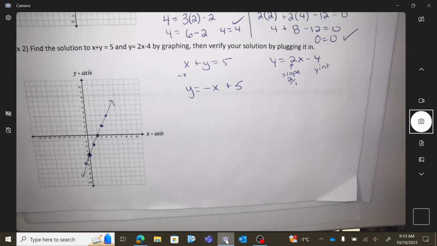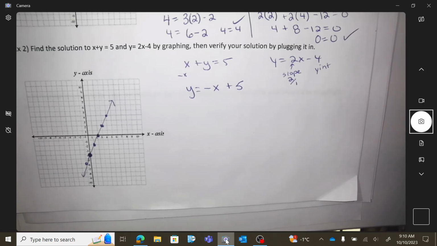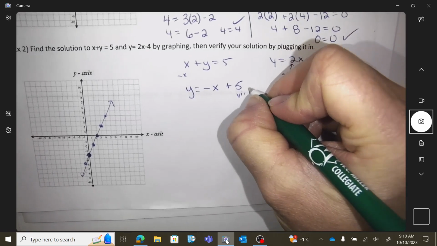So now, if I move that to the other side, I can make it look like y equals mx plus b. Okay, so algebra steps, make sure you understand what you have to get rid of. And that's it. Don't have to move anything else or divide. So here's your y-intercept.